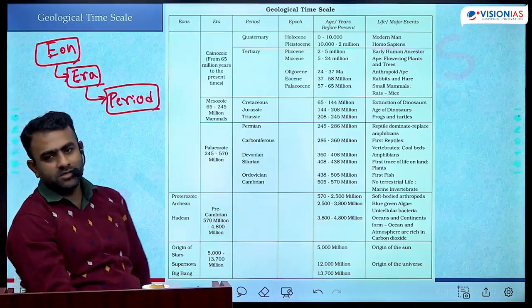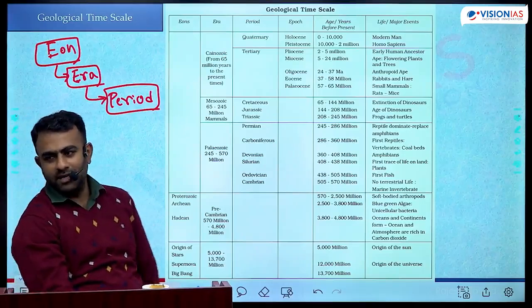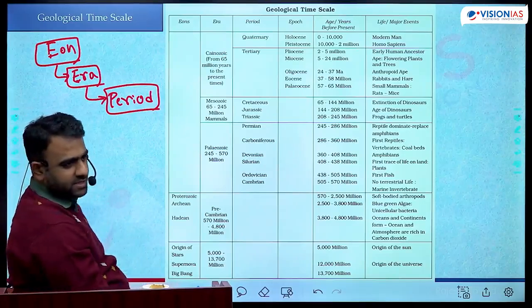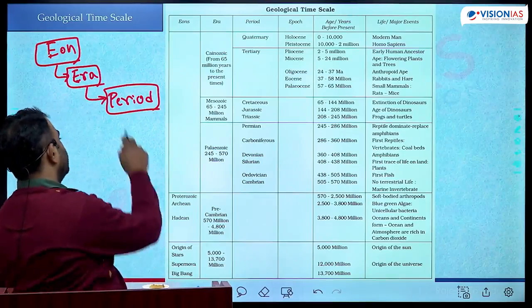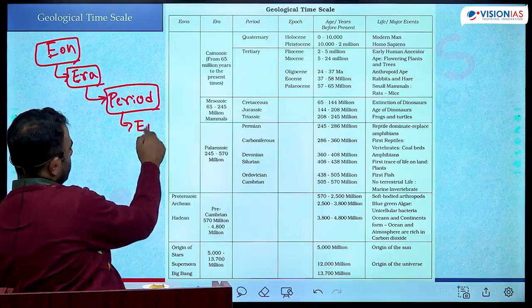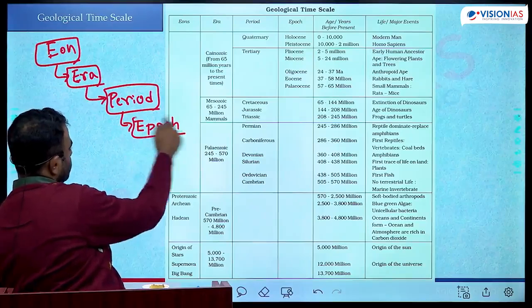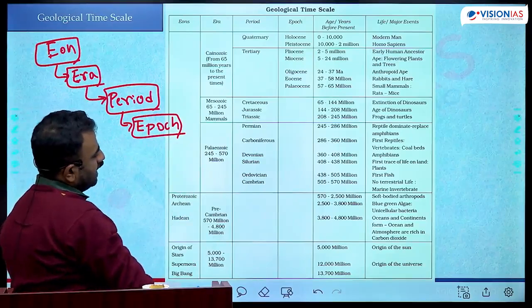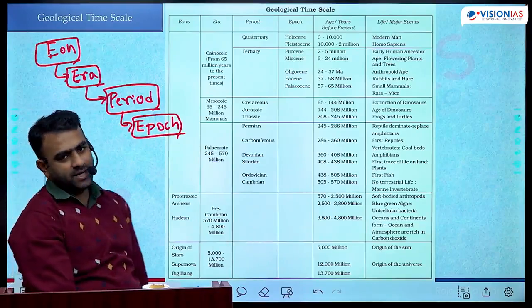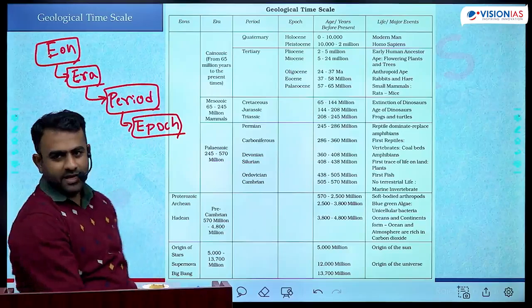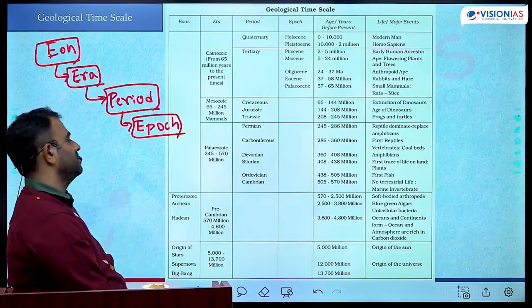A period is approximately around 40 to 50 million years. Period is further divided into epoch. Approximately 8 to 10 million years is one epoch.